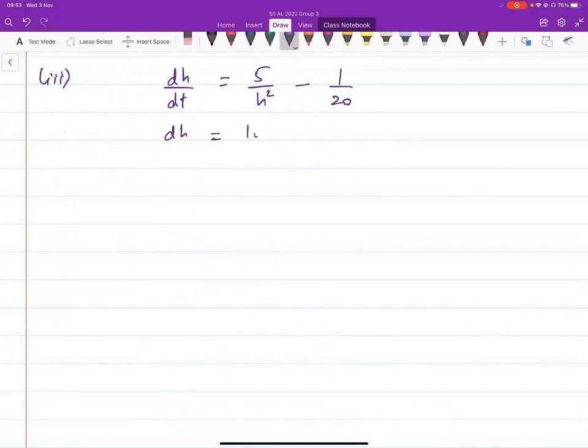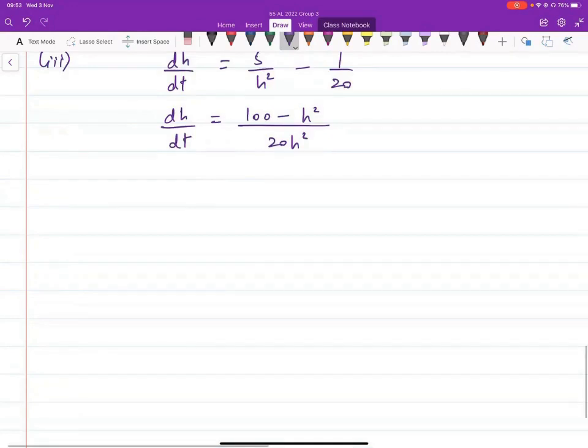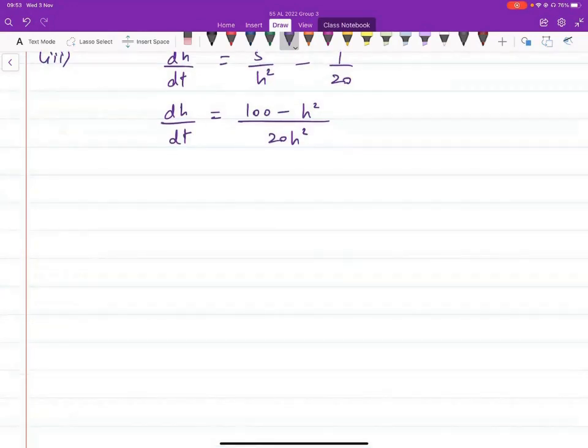We get 100 minus h square divided by 20 h square from this. Okay. Now we can separate the variables. We can take both of these terms to the left side and it becomes 20 h square divided by 100 minus h square dh.